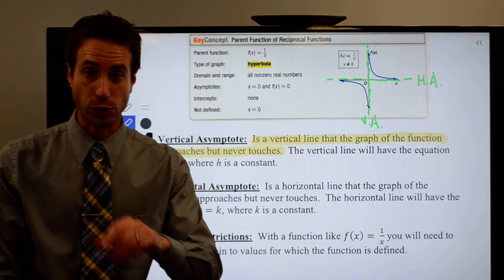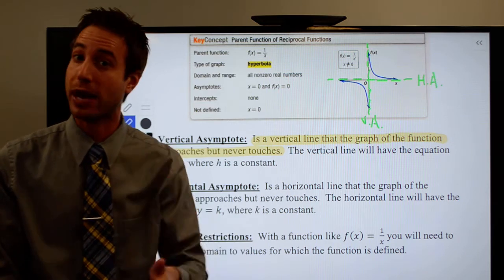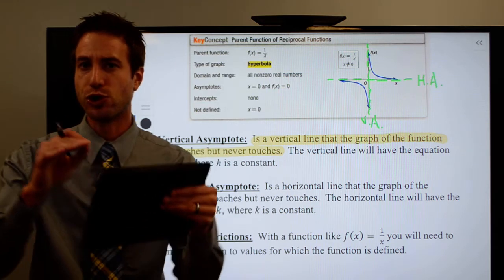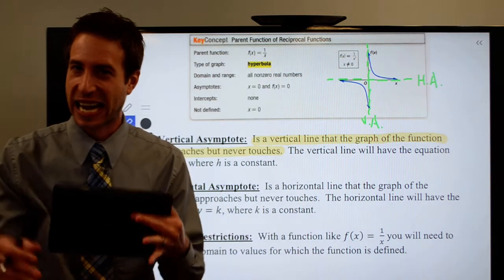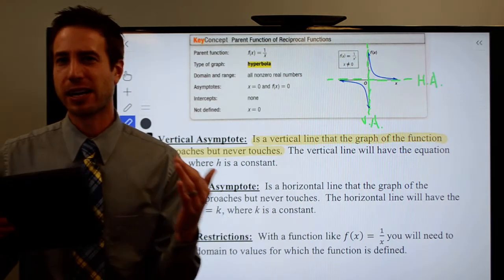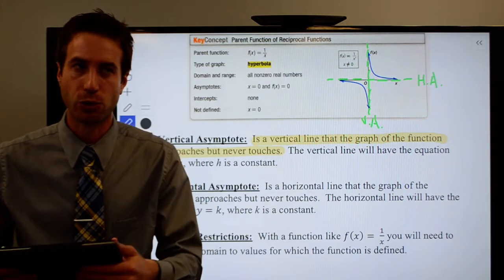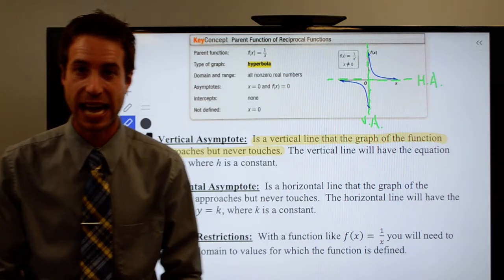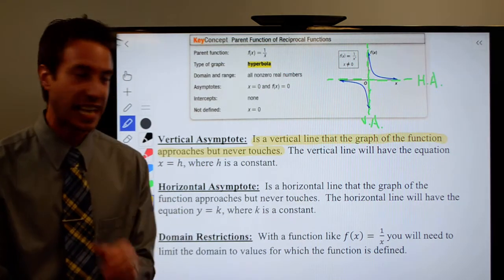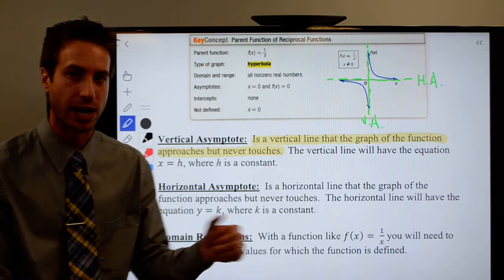With exponentials, we had a horizontal asymptote, and with logarithmic functions, we had a vertical asymptote. And I told you in chapter 7 that since we're free-handing these graphs, I'm not going to be super picky if your graph really kind of touches the asymptote. Just please don't cross them. Do not cross the asymptotes. Same thing here. Technically, it's a line that it will approach but never touch.